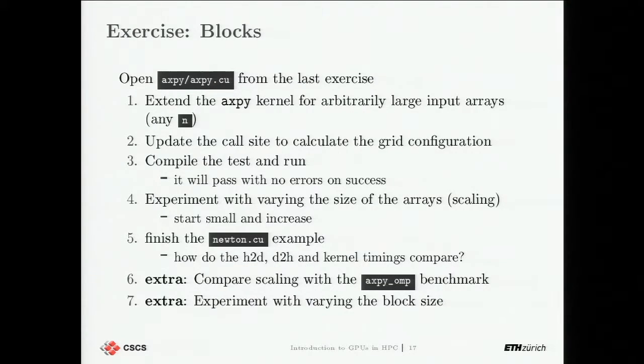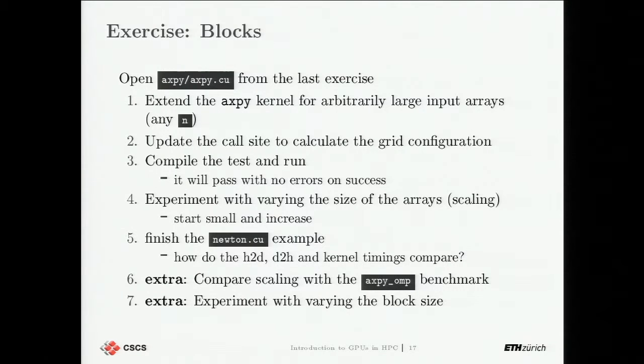Then I would like you to do some testing where you start with some small arrays of length 1024 and then 2048, and just keep doubling it and have a look at how long it takes and see if you can notice any trend. You should notice something pretty interesting.